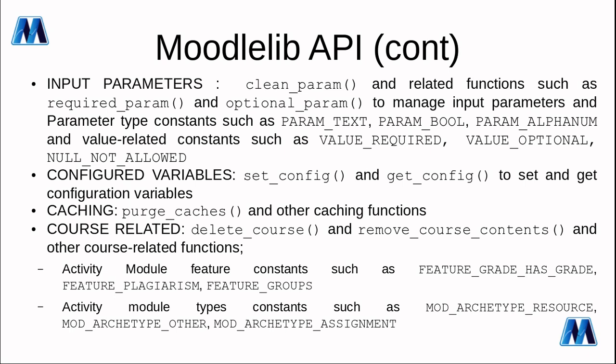Then we've got course related functionality like delete course, remove course contents, and other stuff like that. The course is strong in Moodlelib because in a way that was the first core functionality for Moodle. So you have activity type feature constants, so that you can define the features of your plugins, especially relating to modules, modules being activities or resources in the course.